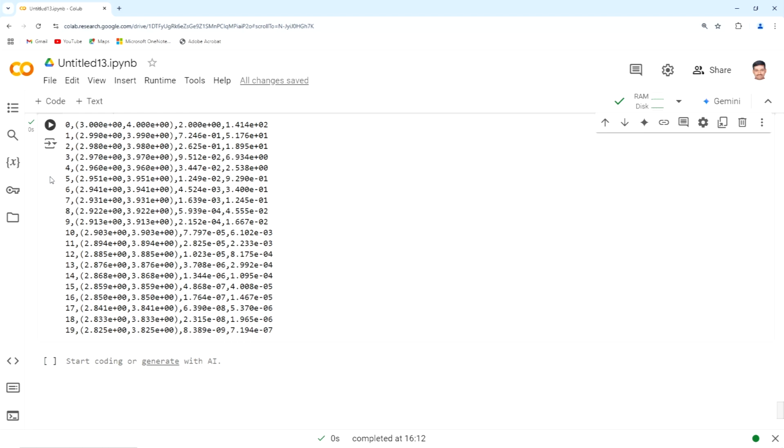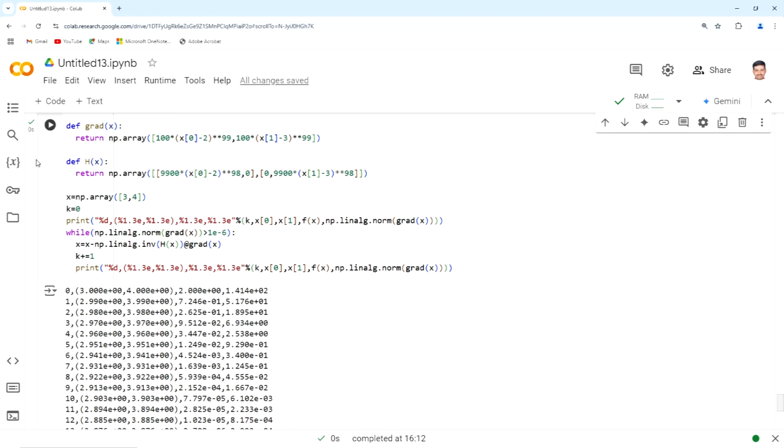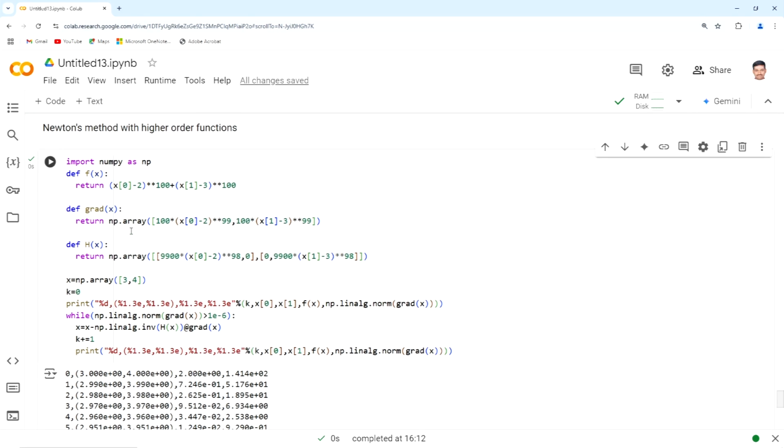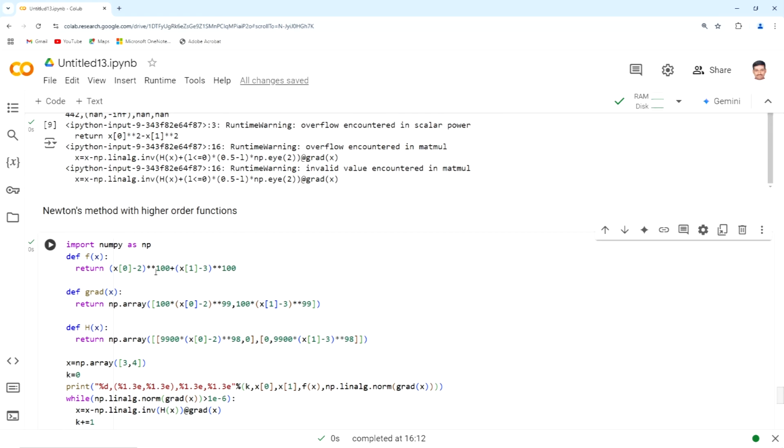Okay. So, what I want to mention to you is that somehow if the order of the Newton's method increases, okay, so instead of 2, 3, 4, if it increases to 10, 15, 20, 100, the number of steps it takes is usually on the higher side.